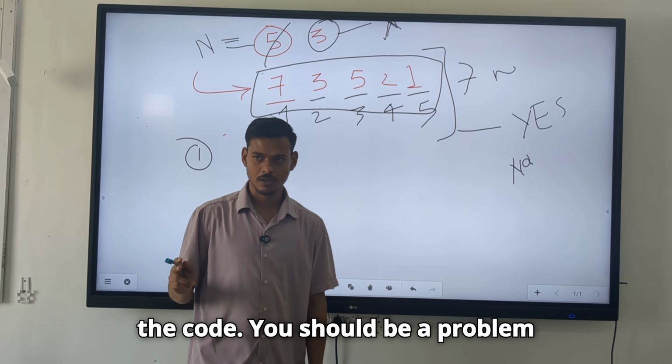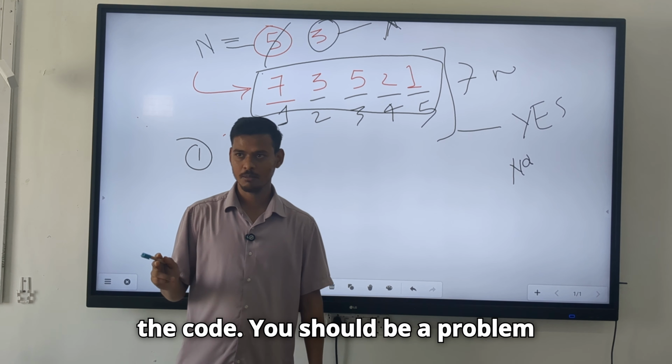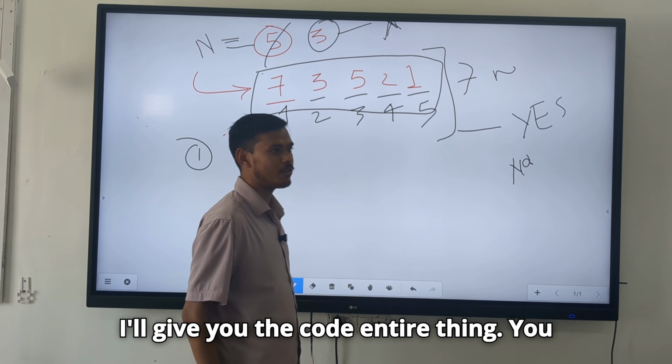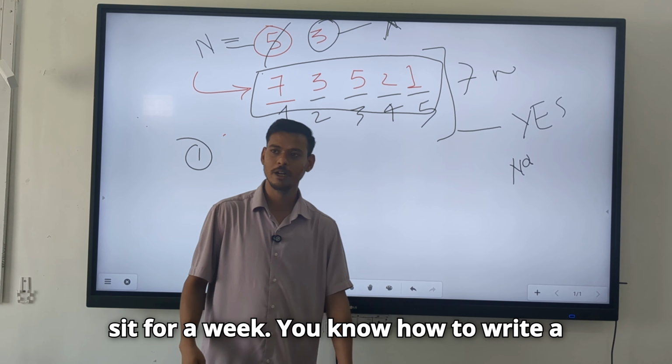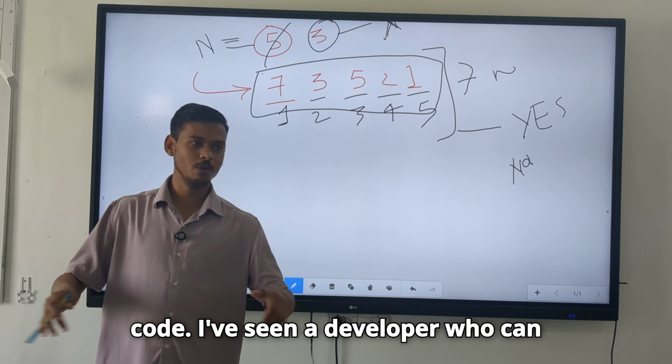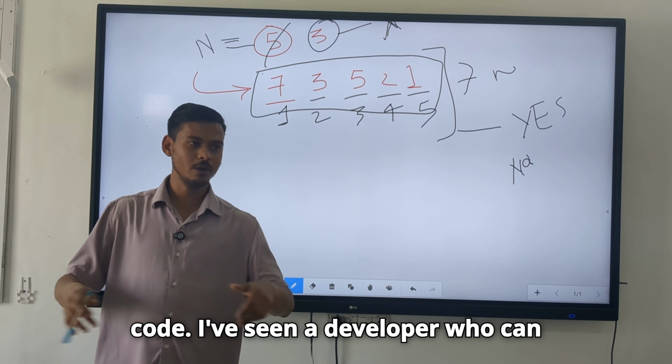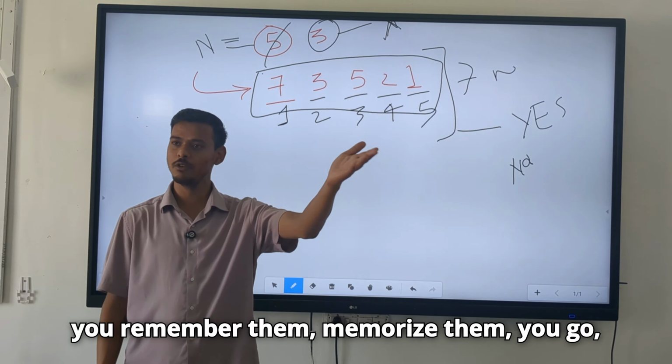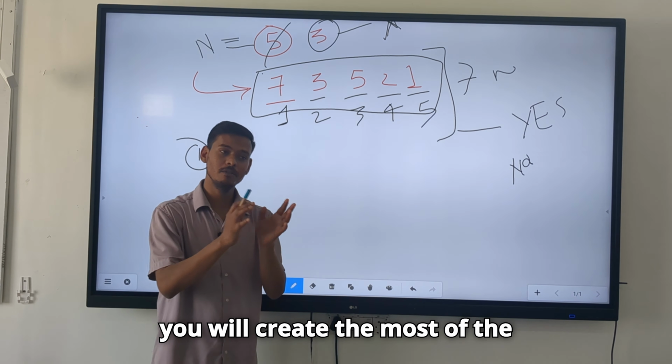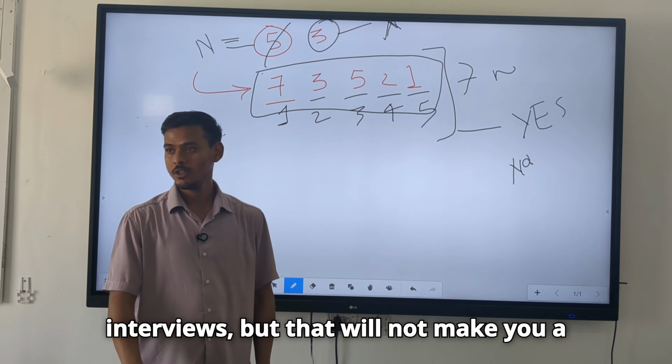You should be a problem solver by default. I'll give you the code, the entire thing, you sit for a week, you'll know how to write the code. I have seen developers who can understand or remember the code. Even if I give you 500 CodeChef questions or 500 selected interview questions, you memorize them, you go, you will clear most of the interviews. But that will not make you a problem solver.